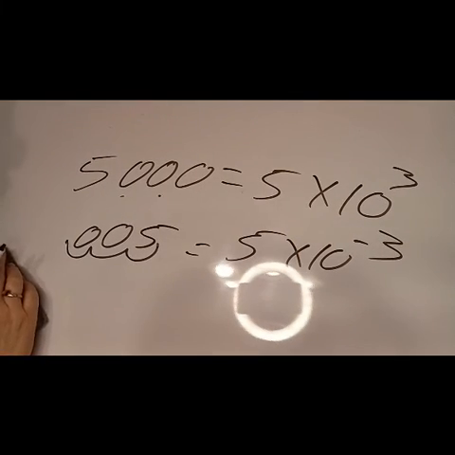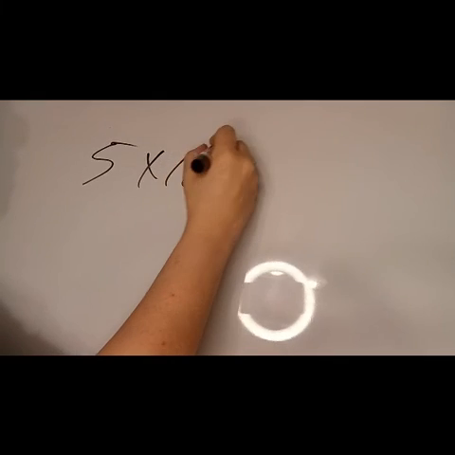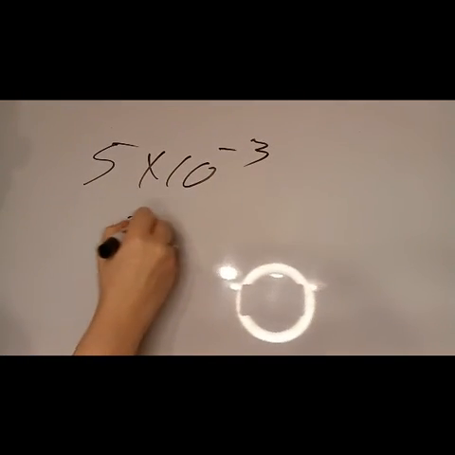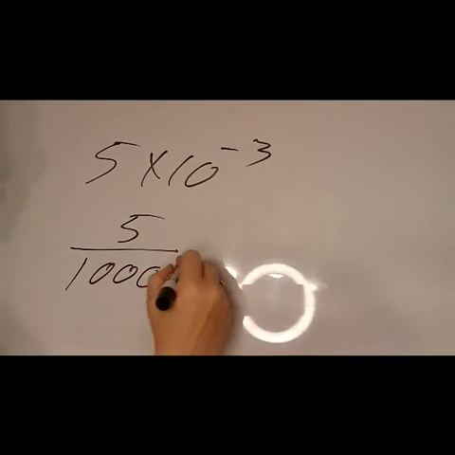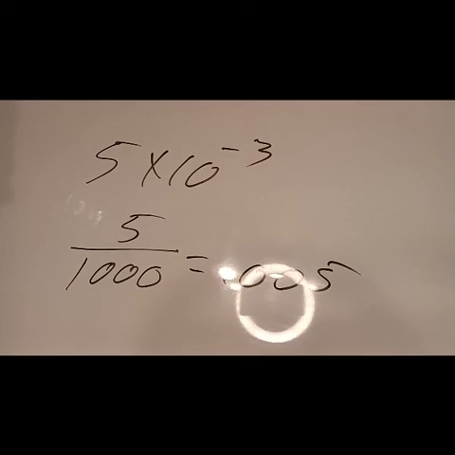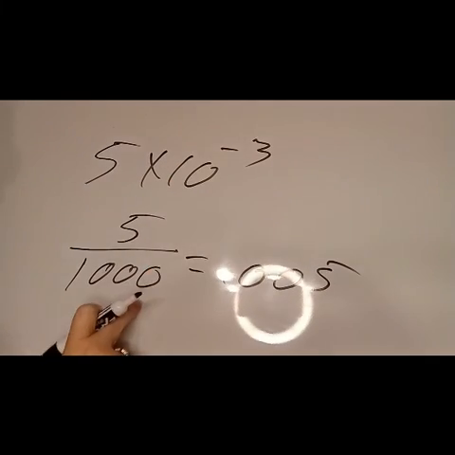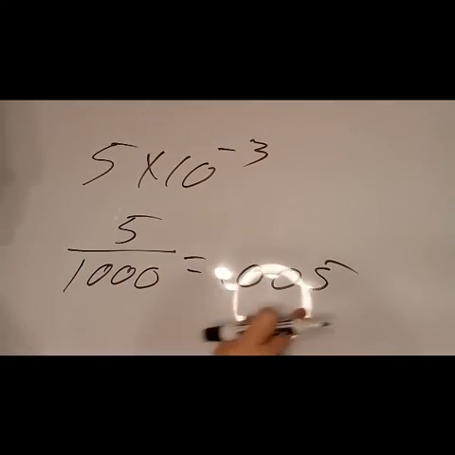That negative means division. So 5 times 10 to the minus 3 means 5 divided by 1 with 3 zeros. If we do that, we get 0.005. Okay? So that's what the negative means, is we're dividing. The result is that we're moving the decimal this way instead of that way.